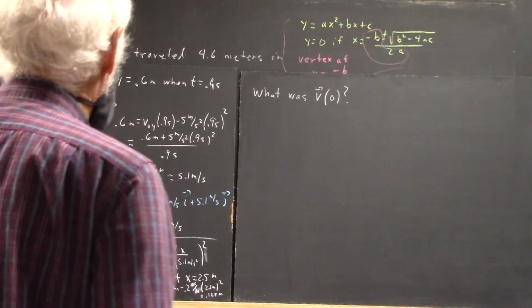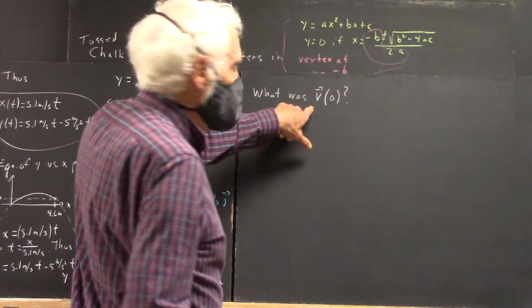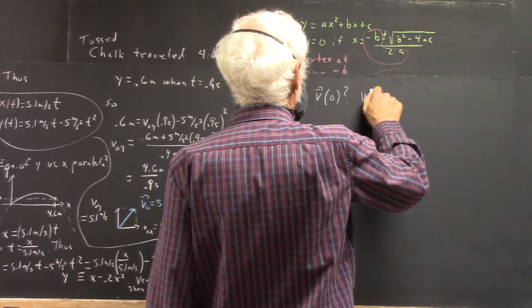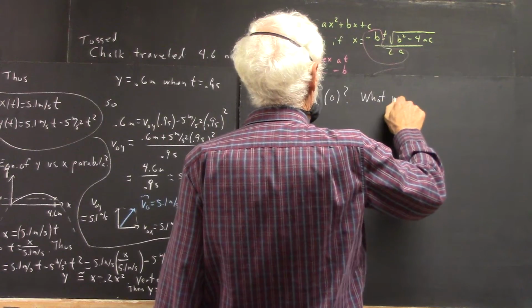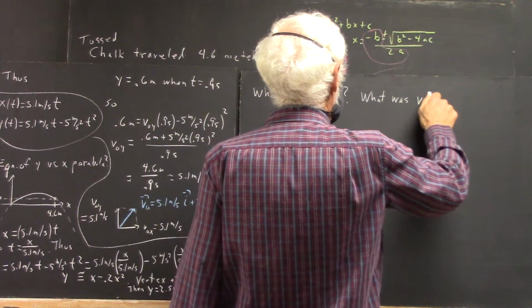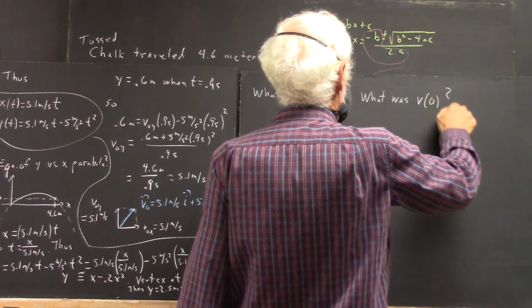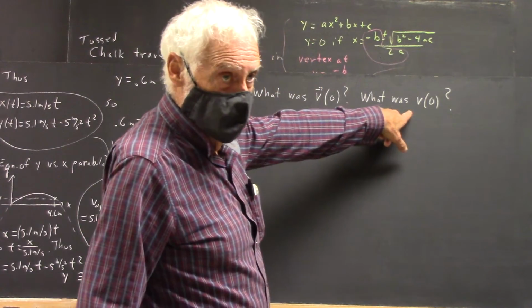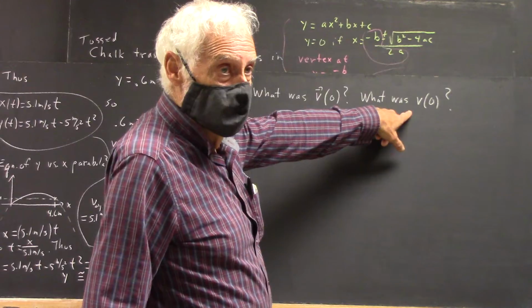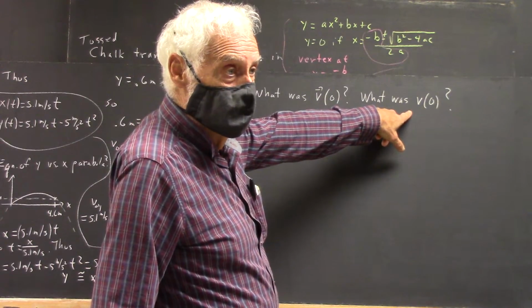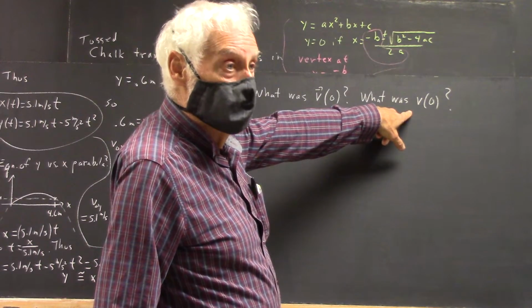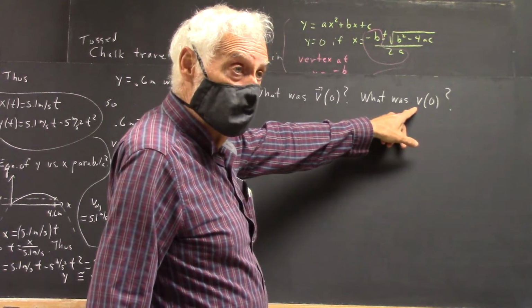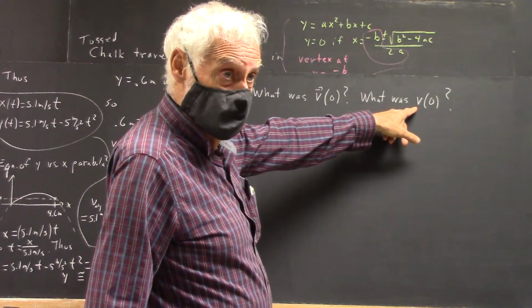Okay, continuing with the example. What was our velocity at 0? And what do I mean by v of 0 with no arrow over the v? That's just the magnitude. If you write a vector quantity without an arrow, you're talking about its magnitude.